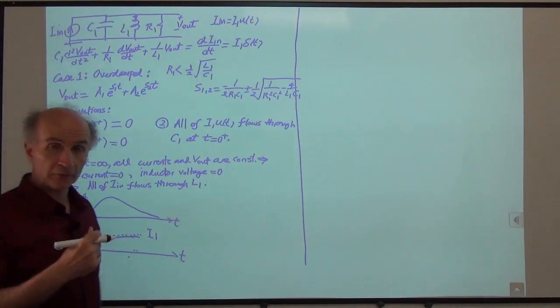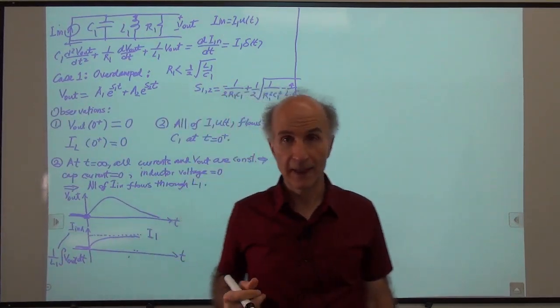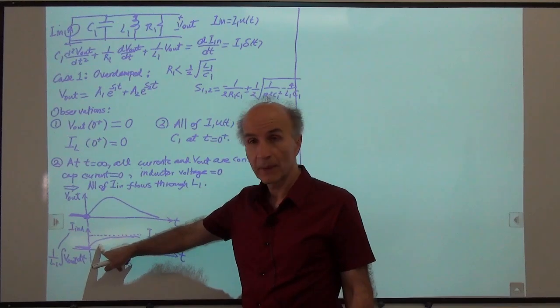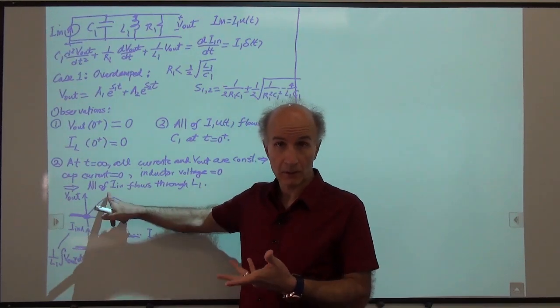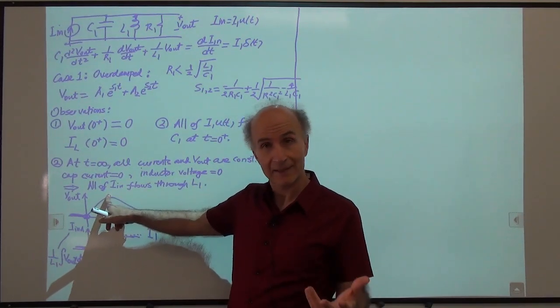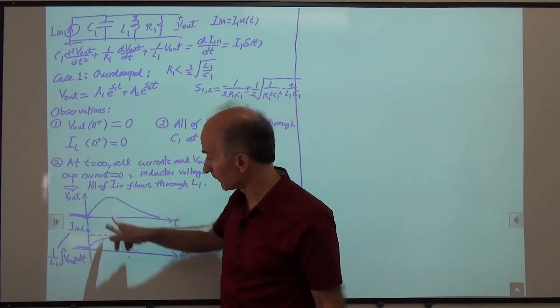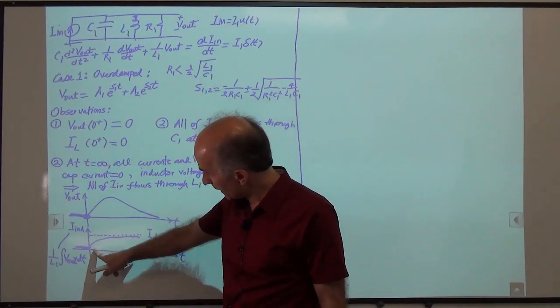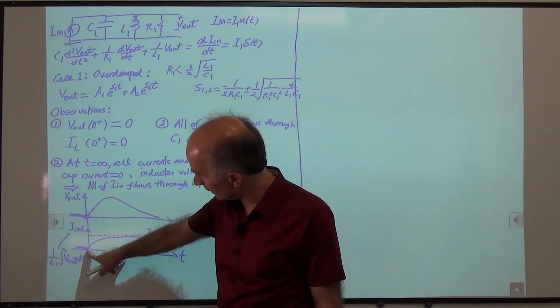So what I have to make sure is that this response can be the integral of this. There's no inconsistency as we saw last time. So what this says is that the current through the inductor is 0 up to here.